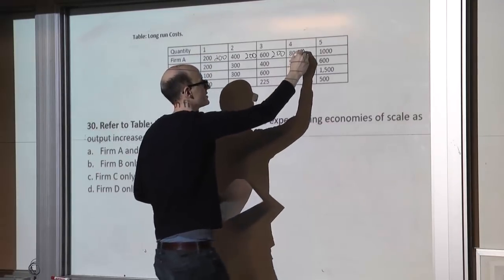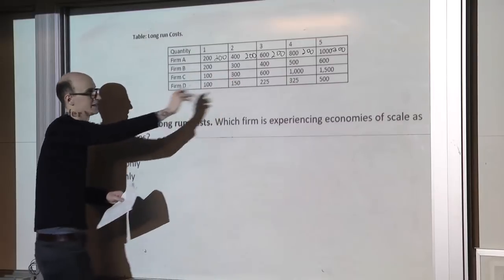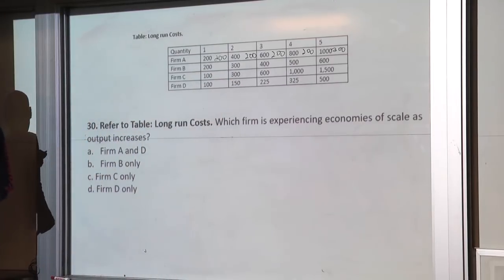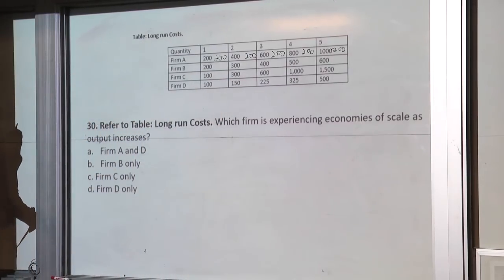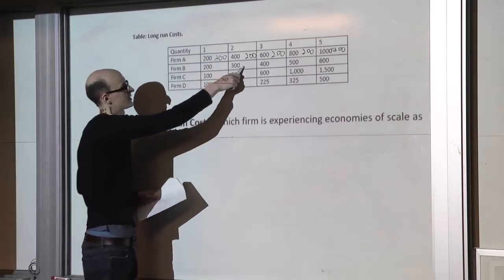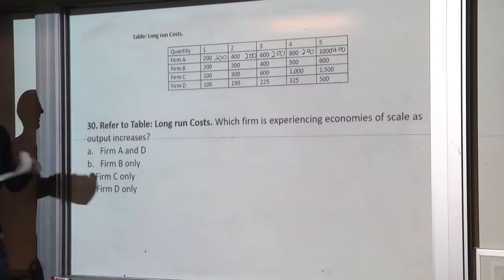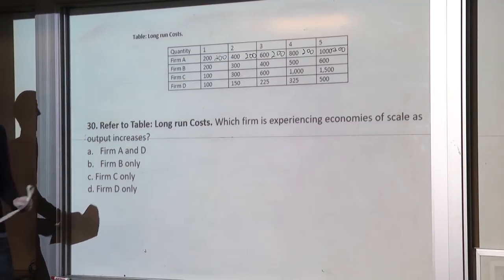So is firm A experiencing economies of scale? No, they're experiencing constant scale, right? So the cost doesn't change per unit as I increase my quantity.